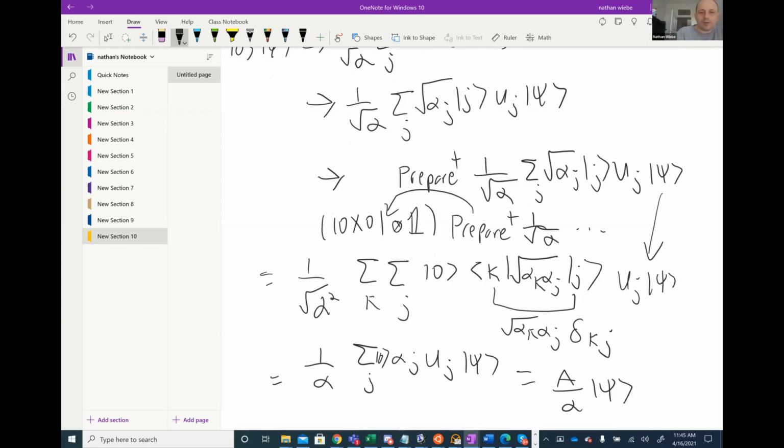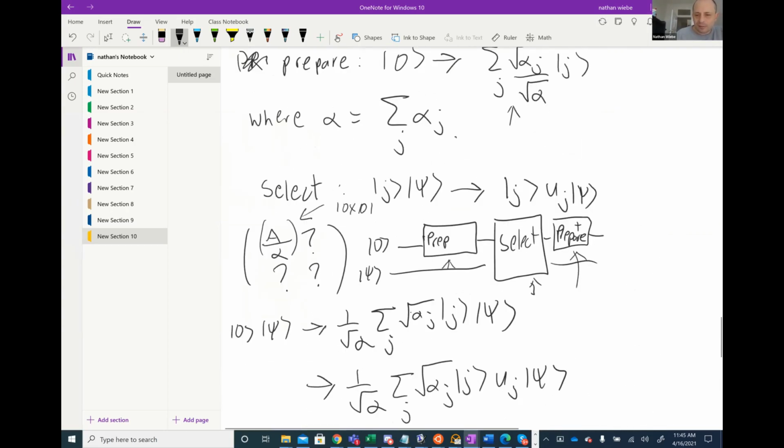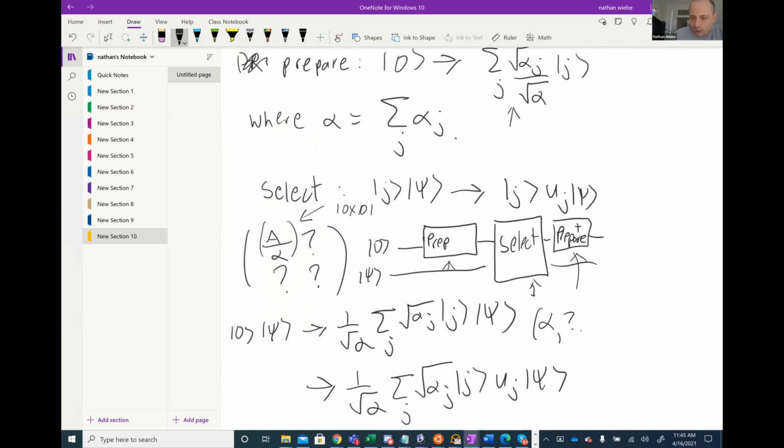So therefore, this circuit, as claimed, is an alpha, 0 block encoding of A. So this shows you how we can build any matrix out of this. The only question is, how many ancilla qubits do we end up needing? And this can vary to some extent.